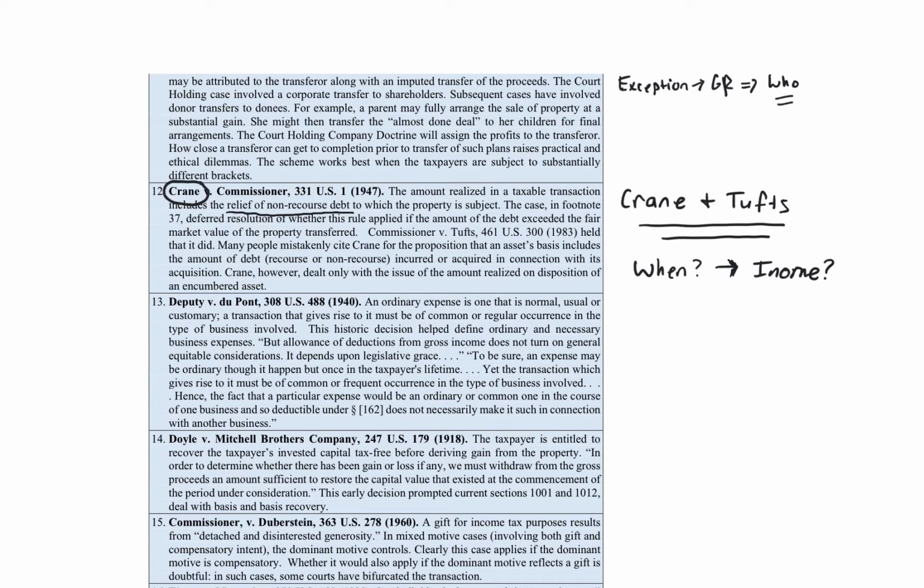In Crane, the property at one point was underwater, but ultimately didn't go underwater. That was a key essential element. So if somebody takes on your property with the liability, and the fair market value is more than the liability, then you include the liability relief in your amount realized in determining your realized gain or loss.